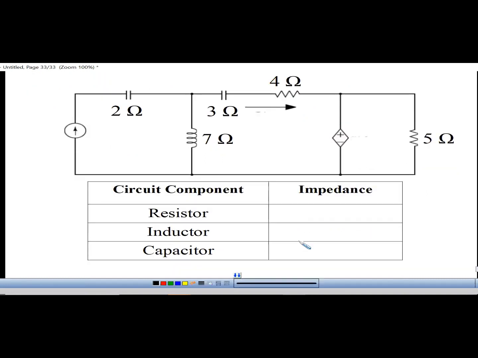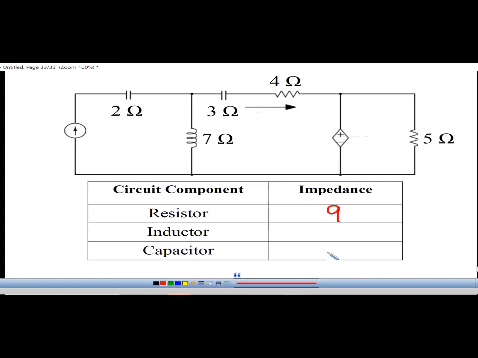Look what I'm going to do. Look up. I'm going to start with my resistor. Can you picture the resistors on the diagram? Look at them. Look what I'm going to write for my impedance. Does everybody see what I did? Yes?